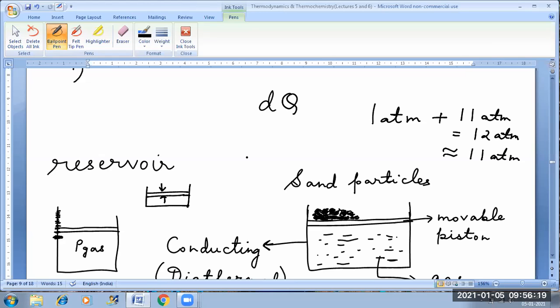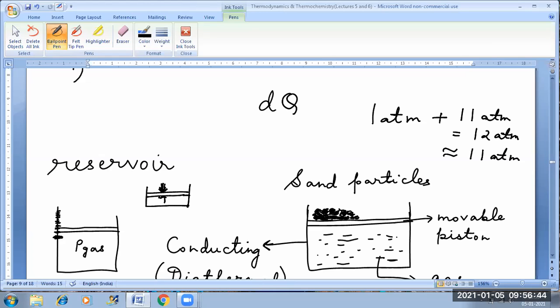So the total pressure, if you want to find out, then yes, it is the sum of atmospheric pressure and the pressure of sand particles. But if I just say what is the major portion of pressure, the major contribution is coming from the sand particles. So the sand particles are exerting pressure on the piston, right? But when I'm removing a sand particle, the pressure is decreasing.